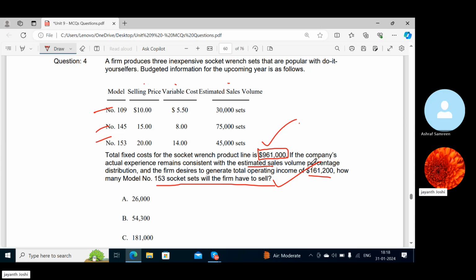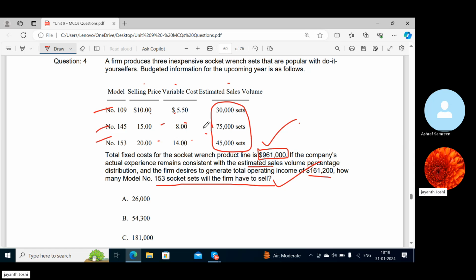So there are 3 inexpensive socket wrench sets that are popular with do-it-yourselfers. Budgeted information means they have estimated all this. They have 3 models, the selling price and the number of sets they want to sell. All the data is given. Total fixed cost is also given.